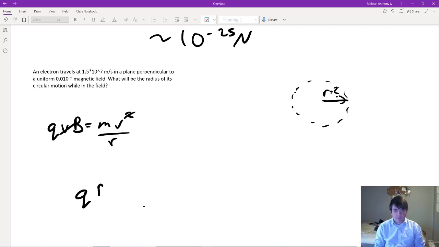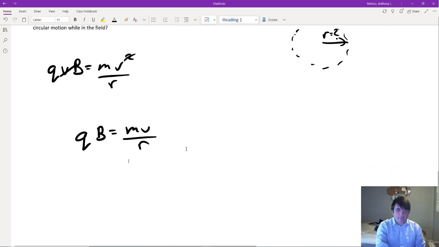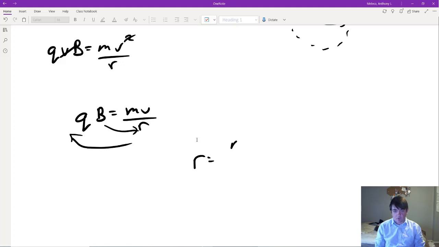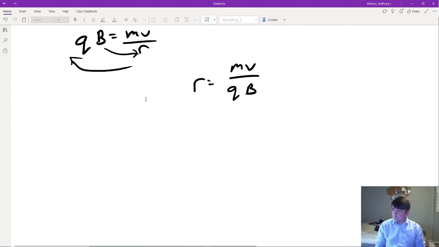So what we got was this: QB equals mv over r, and we can just solve for r. So I'm going to multiply that over and divide that over, and what we end up getting is r equals mv over qb.